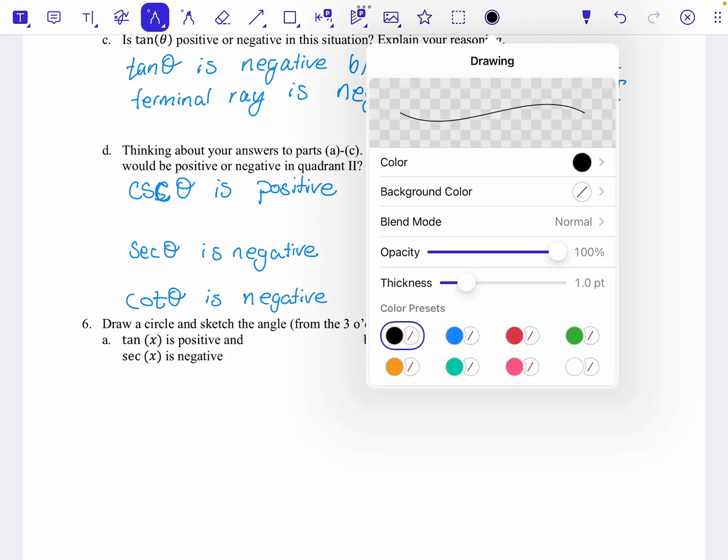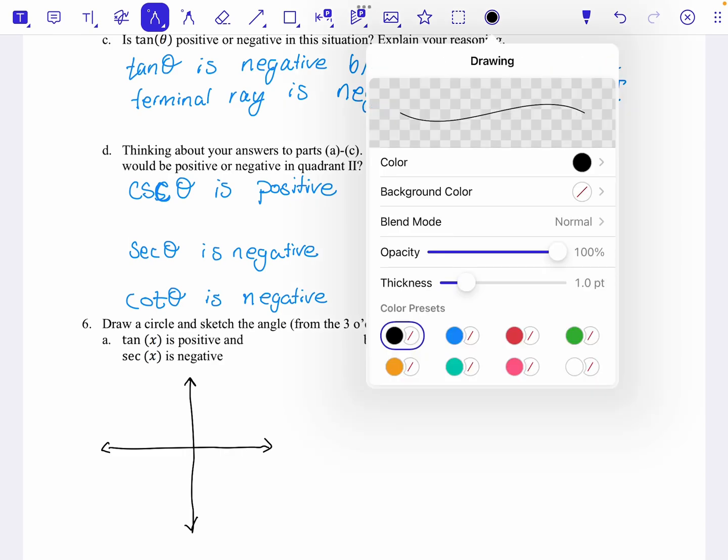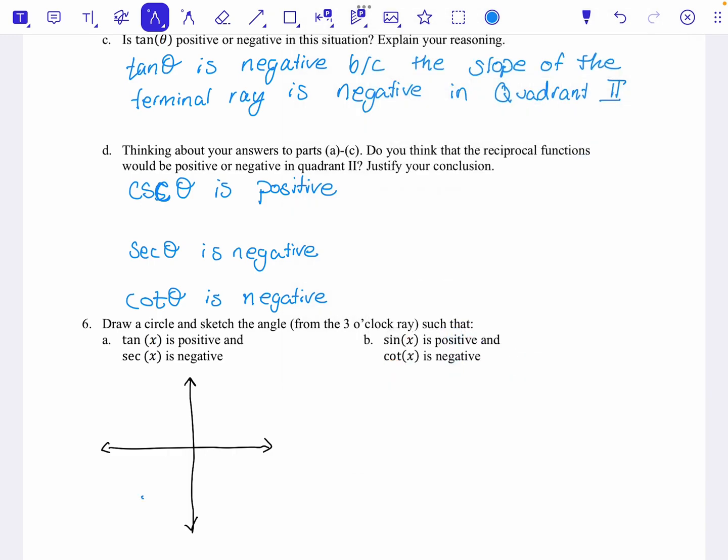Now, remember we've talked about tangent being positive when the slope is positive. So in this particular case, slopes are going to end up being positive in quadrants 1 and 3. I drew it in the right place and named it wrong. So I know tangent has to be positive in quadrant 1 or 3.